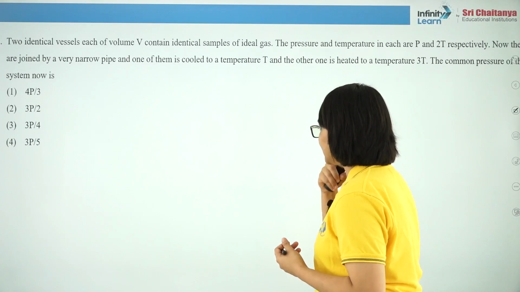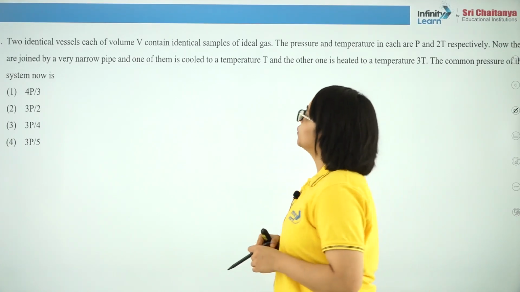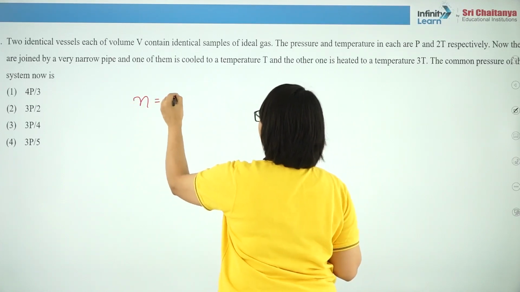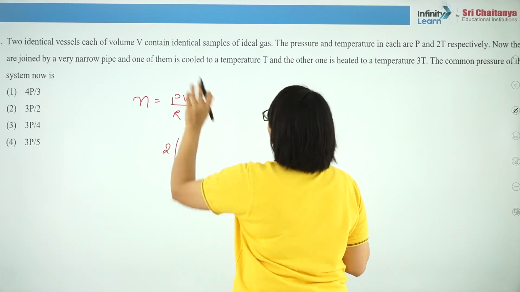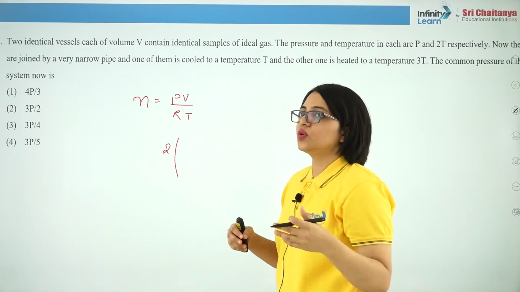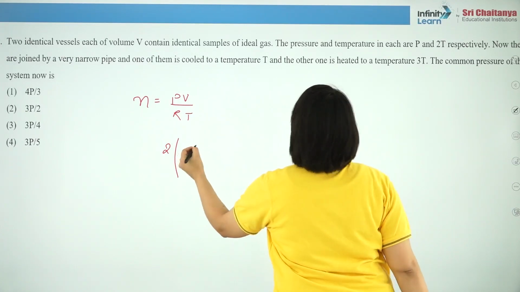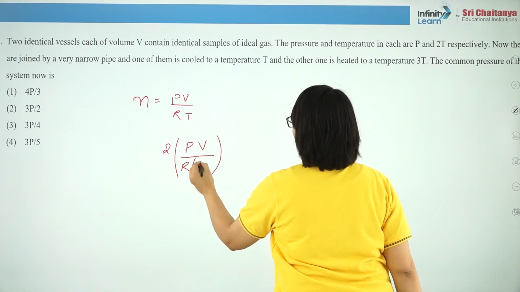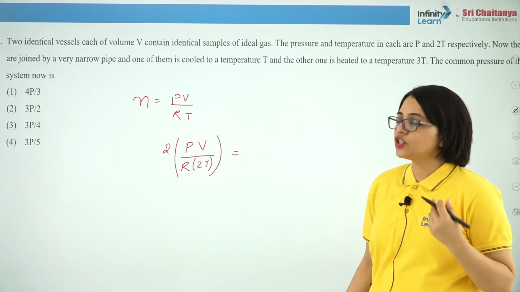So, in this case you can see that initial number of moles is equal to final number of moles. So, initial moles can be written as n equals PV upon RT. So, it will be 2 times, because both of the samples are identical. So, you can directly multiply it with 2, which is P into V divided by R into 2T, equal to the final pressure, let us say P dash, the common pressure.